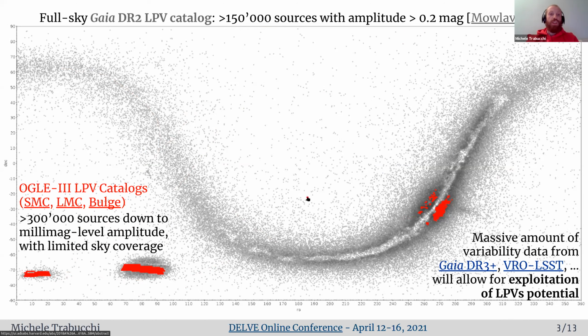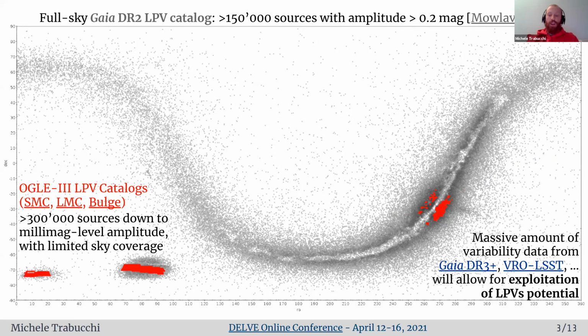In about a year, there will be another Gaia release, increasing this data set. Another example is the Vera Rubin Observatory being built in Chile that will carry out the LSST survey dedicated to time domain astronomy.